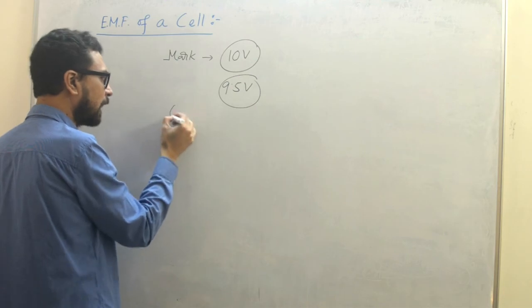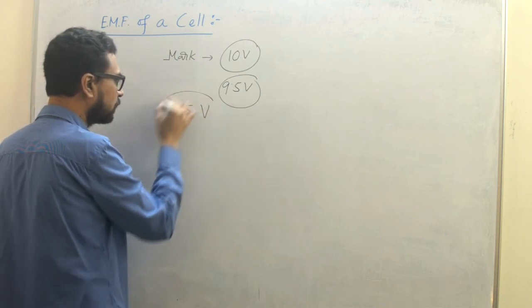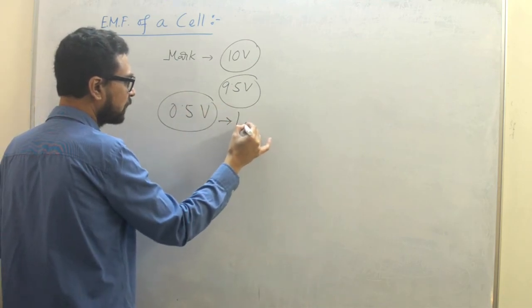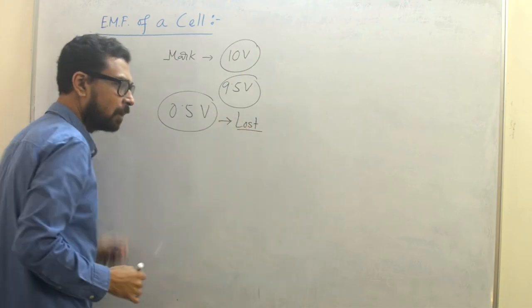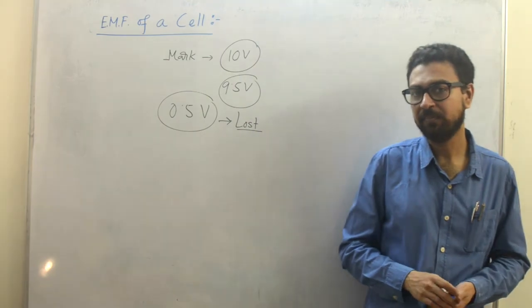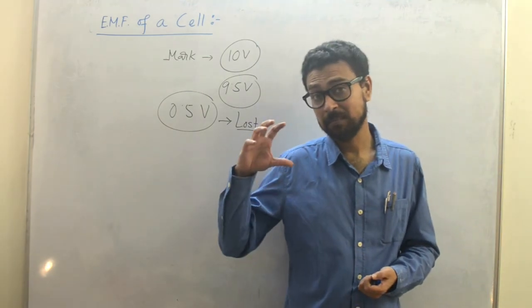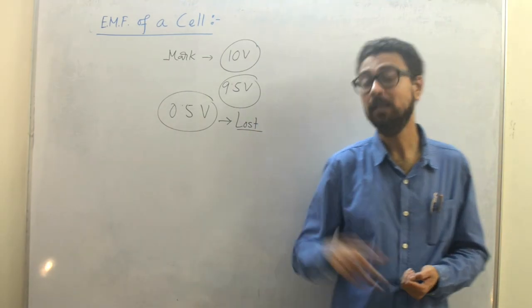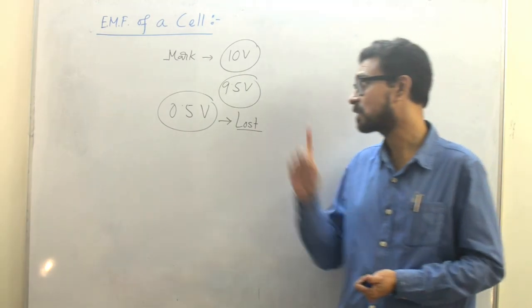So we can understand that 0.5 volt of potential is lost. Okay, so we are not able to fetch this from the cell or the battery we are using, though it is marked as 10 volt.